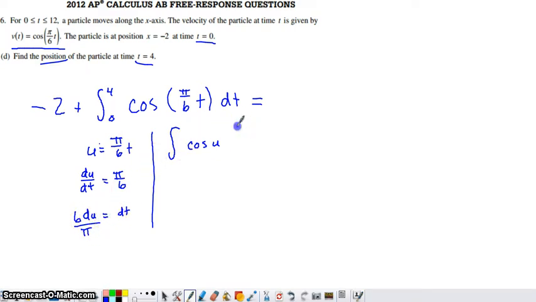So I'm going to have 6 over pi times du go here. I haven't written down my limits of integration yet, and this is a place where you can go one of two directions. The best notation, the notation that the College Board wants you to use, is going to be to change these limits of integration from values of t to values of u.